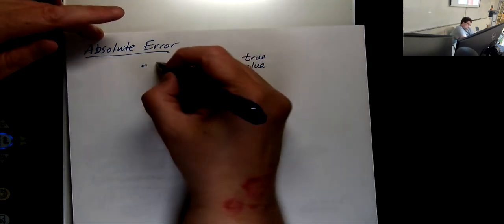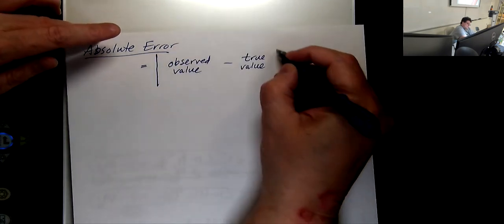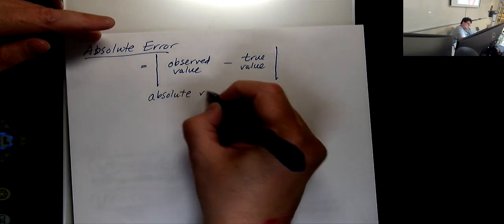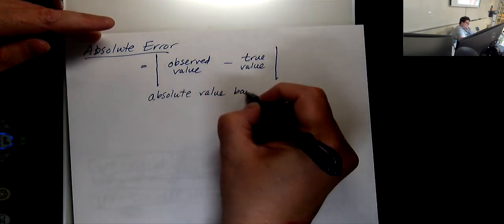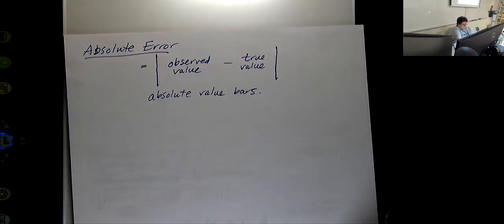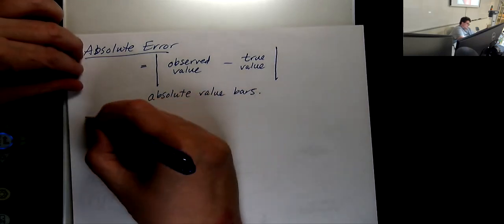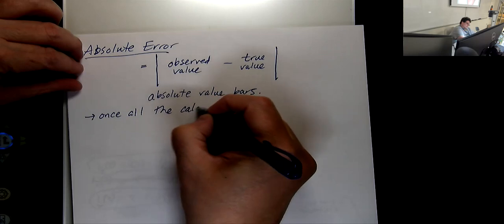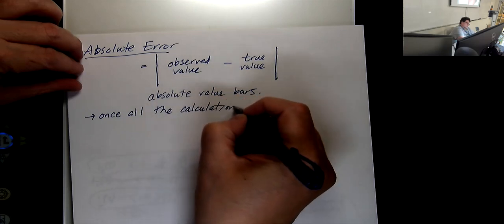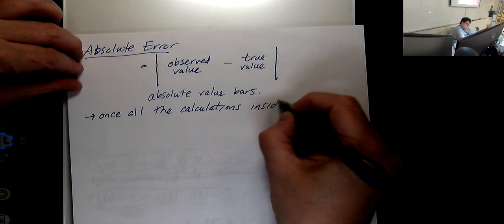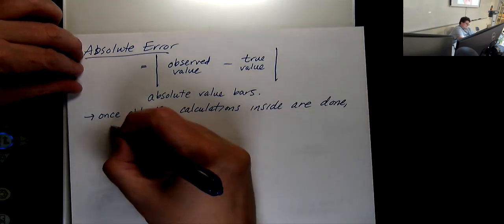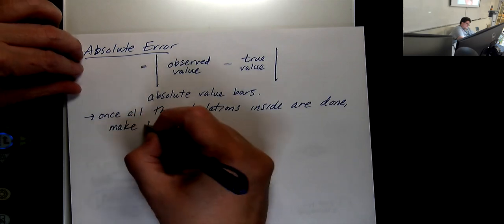And then they put these in something that's called the absolute value bars. And what it does is once all the calculations inside are done, make the value positive.